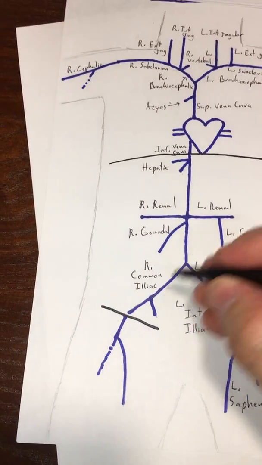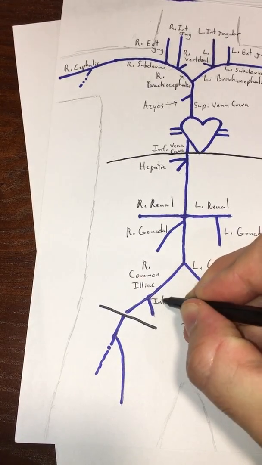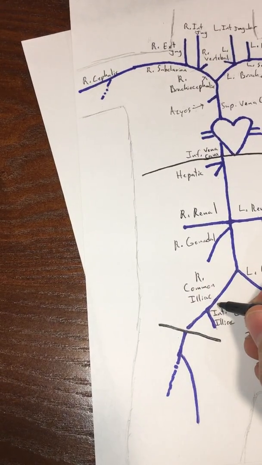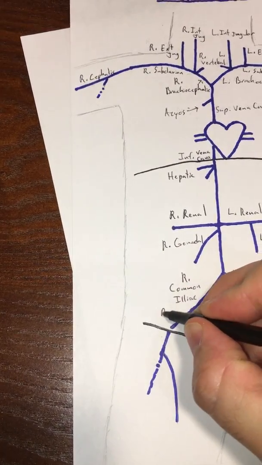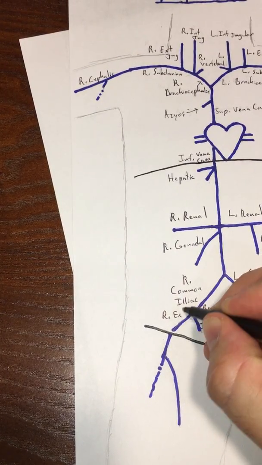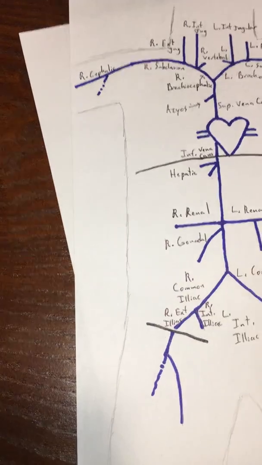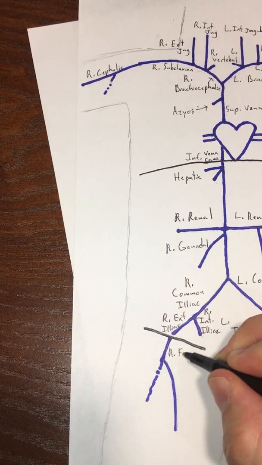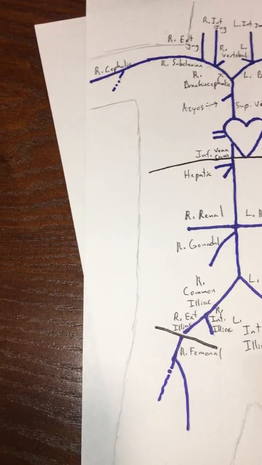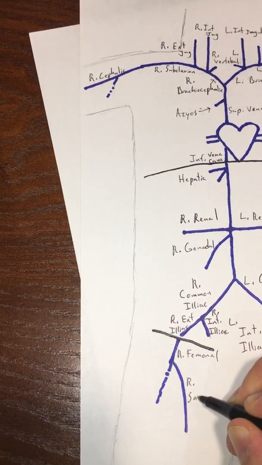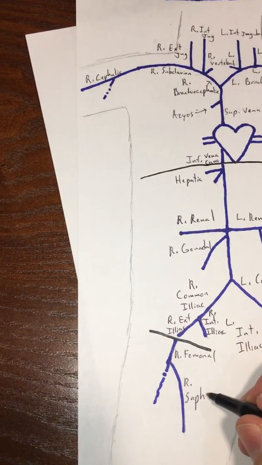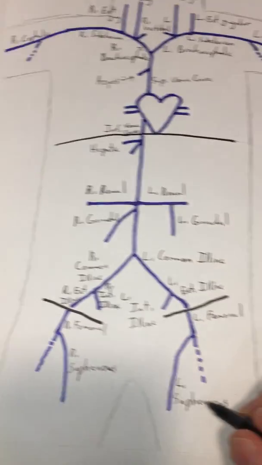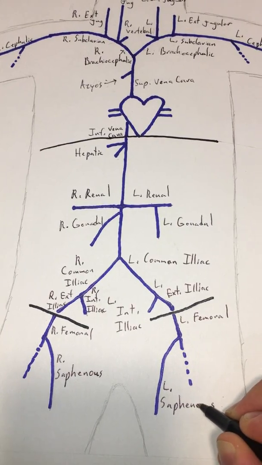But yeah, right common iliac, and then internal iliac, right side, and then right external iliac, going through the femoral canal. So you have the right femoral vein, and then the right saphenous vein. Oop, there's no E here. I put an E right here. I'd get a half a point off for that.